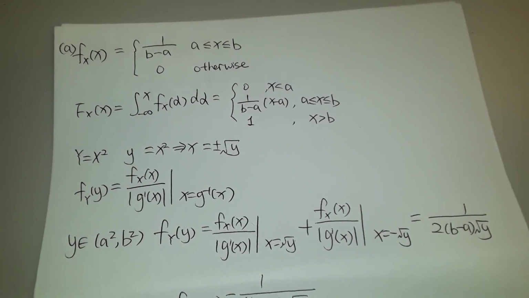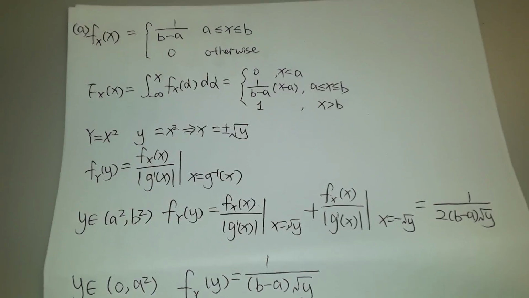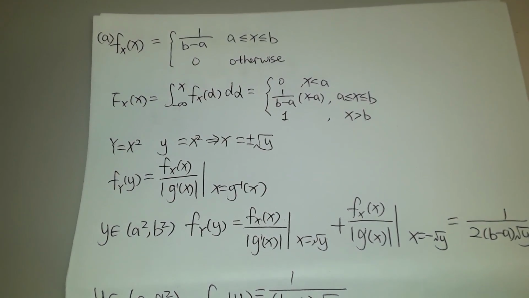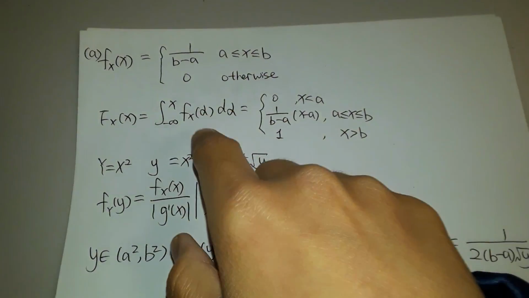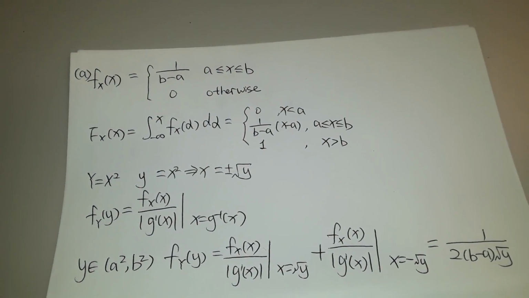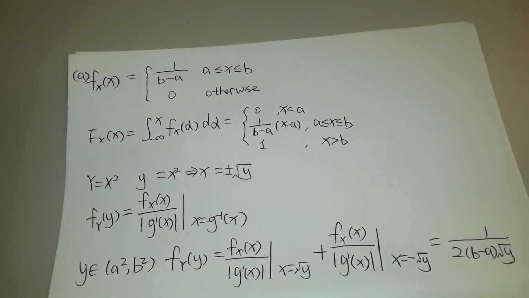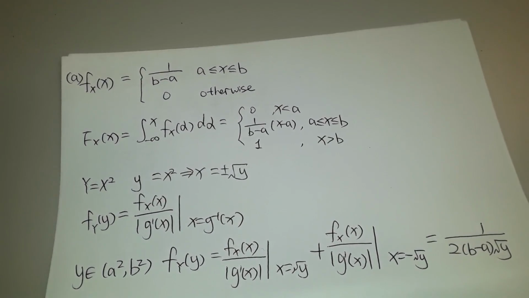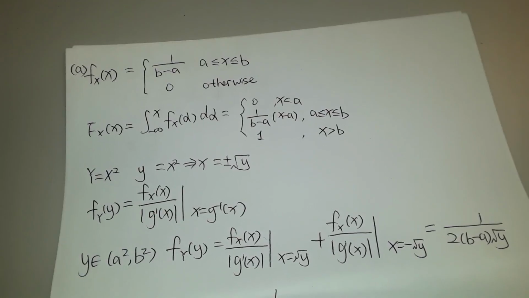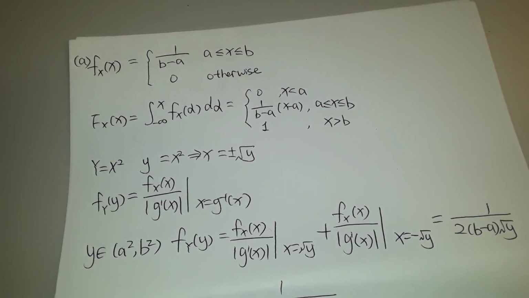Then, based on the density function of x, it's easy for us to find the distribution function of x by the formula: the integral from minus infinity to x of f_X(alpha) d alpha. When x is less than a, the distribution function equals 0.